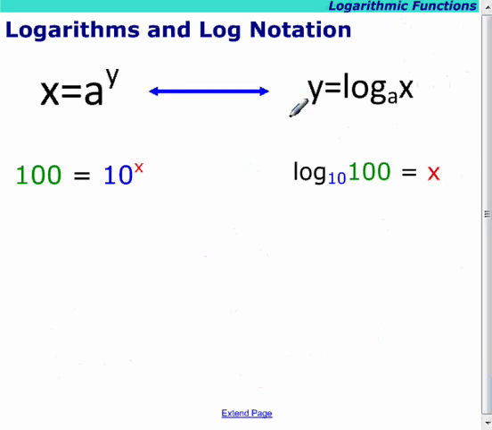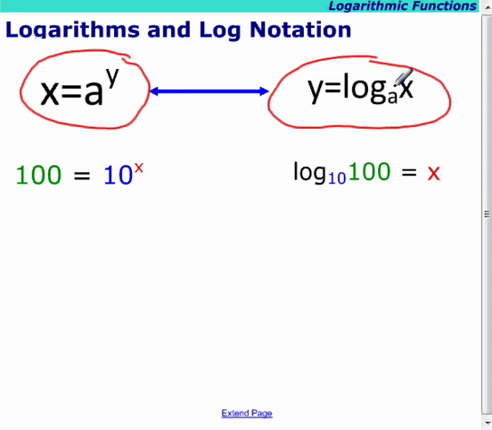So one of the things that we want to practice, and we'll do more of this later, is changing equations from an exponential form, or exponential notation, to a logarithmic notation. Let's throw some numbers in there. So here we have 100 is equal to 10 to the x.